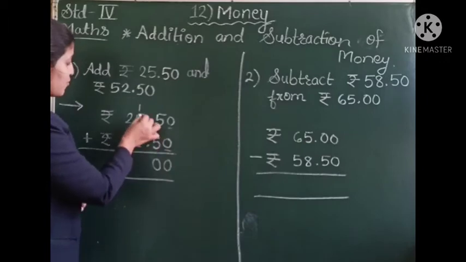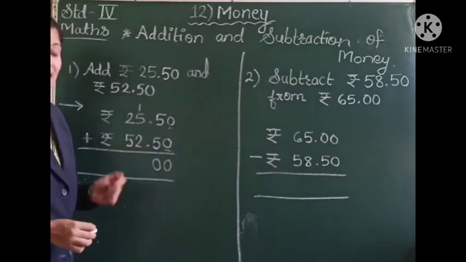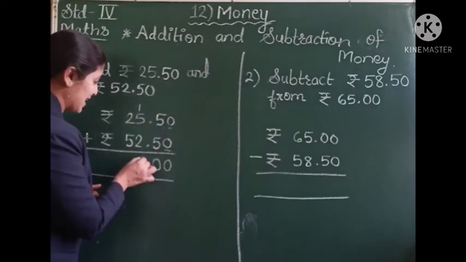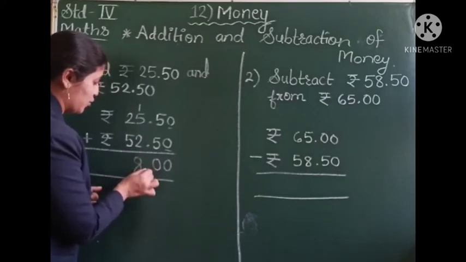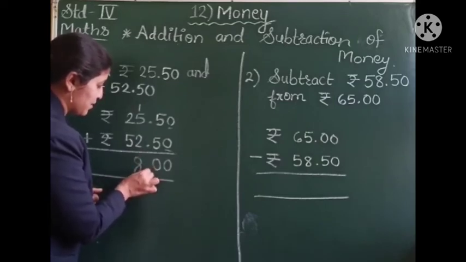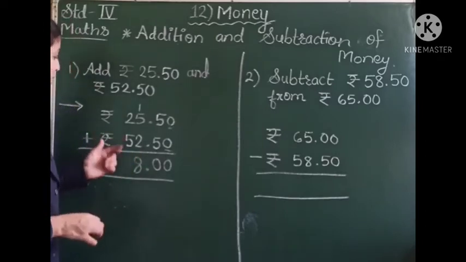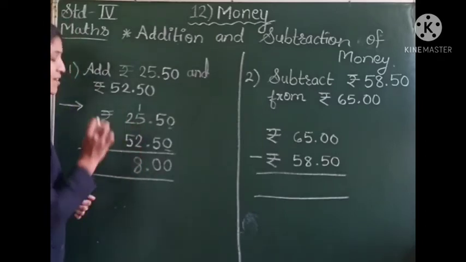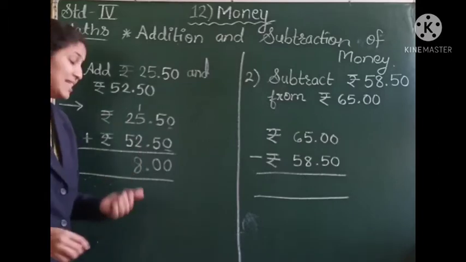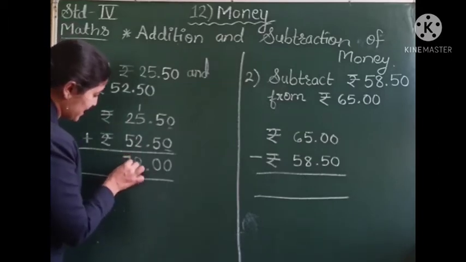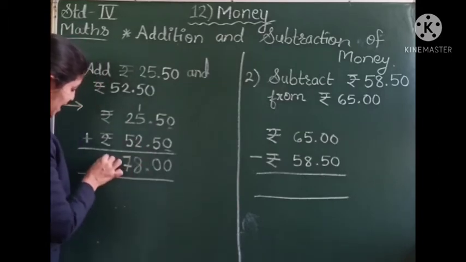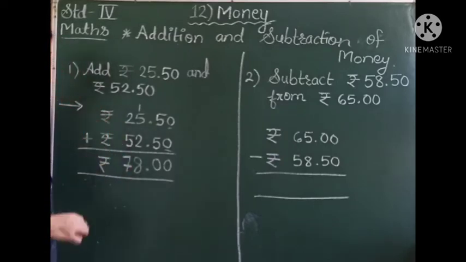Now we will count here. 5 plus 1 is 6 and 6 plus 2 is 8. So we write 8 over here. This is a decimal point which separates paise and rupees. Next we will see 2 plus 5. 2 plus 5 is 7. So we will write 7 over here and we will write the symbol of rupees.